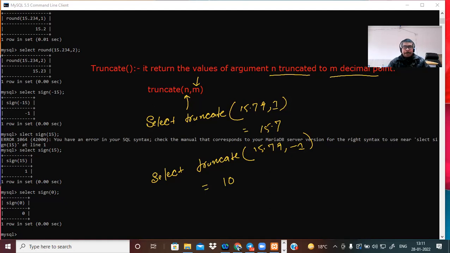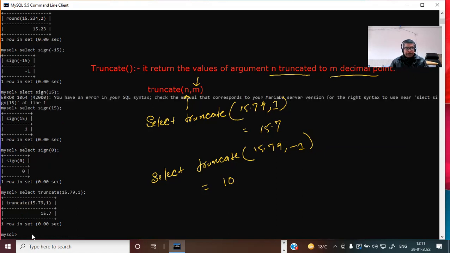Now let's see it practically. Select truncate 15.79 comma 1, which I had given. Now you can see it has given 15.7.